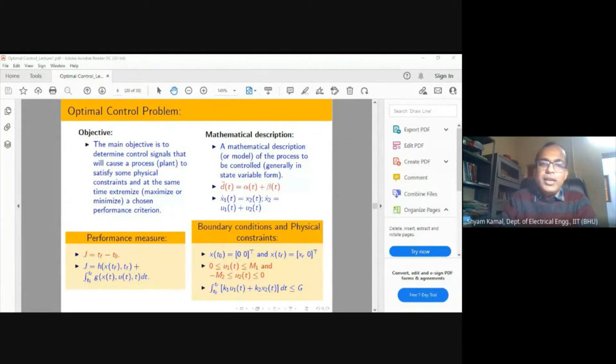Here you can see that whenever I am defining J, first I have to know what x(t) is. So how do I define x(t)? I know the evolution of time, so based on that time, I can plot x(t).